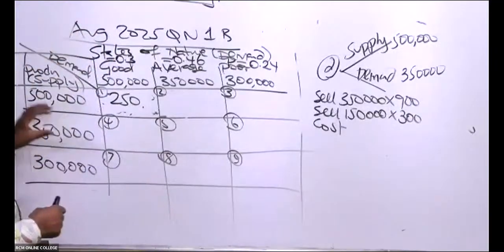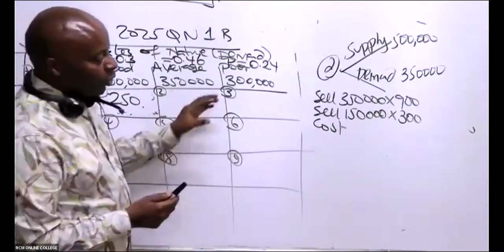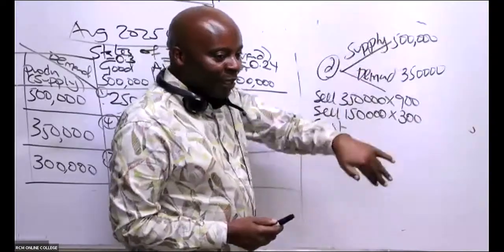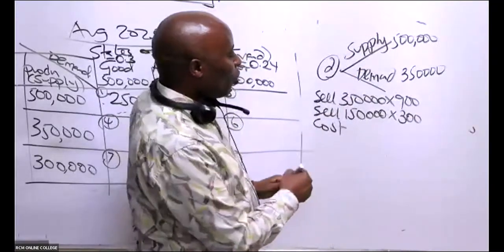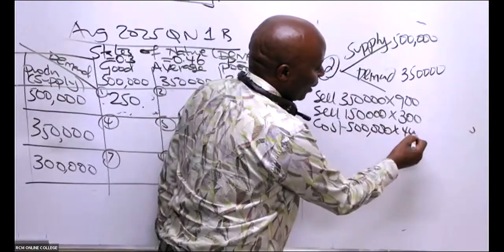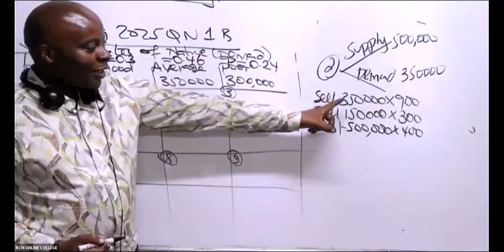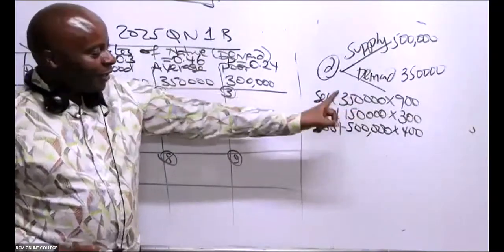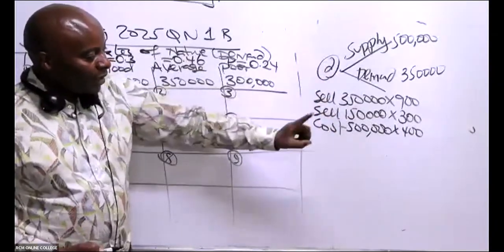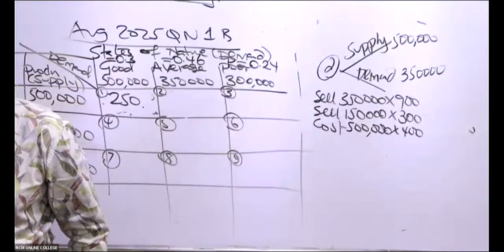Because we produced 500, of which out of the 500, we sell 350 today at 900, and the 150 perishing with it. So the cost will be 500,000 times 400. So then are you able to do your abracadabra? So you say 350,000 times 900 plus 150,000 times 300 minus 500,000 times 400. Tell me, what are we getting there?